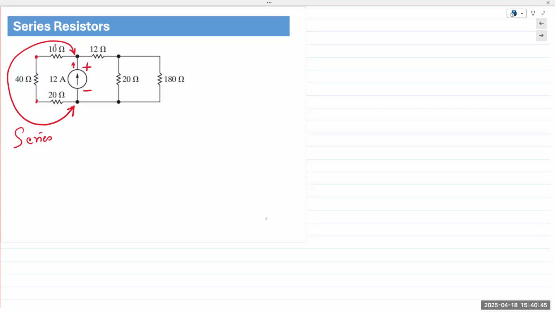Does it go left or right? It splits in both directions. So we don't know the value of the current going to the left, or the current going to the right. The first step would be to determine those values, and then we'd be able to find the voltage across that current source. Okay.